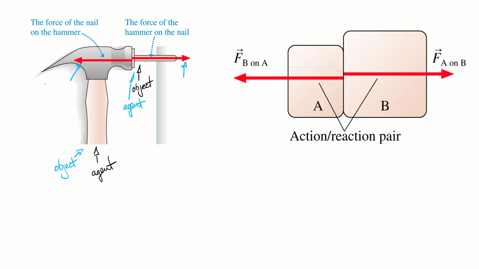And that is true for every force that we will ever consider. If we were to draw a free body diagram type thing and include both forces, the force of object B acting on A is going to be equal to the force of A acting on B, just in opposite directions.